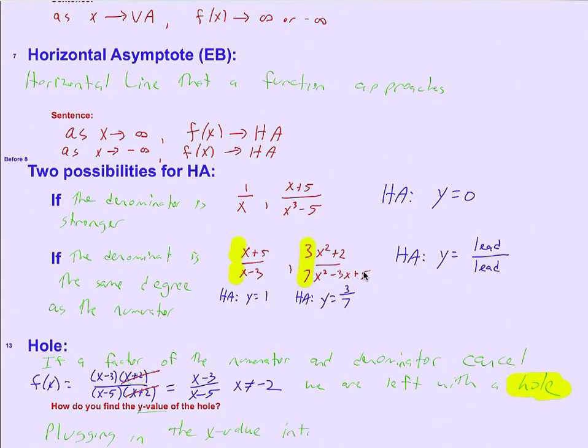But if I plug it into the simplified fraction, -2 minus 3 is -5, and -2 minus 5 is -7. So the y value in this case would be -5 over -7, or 5/7.